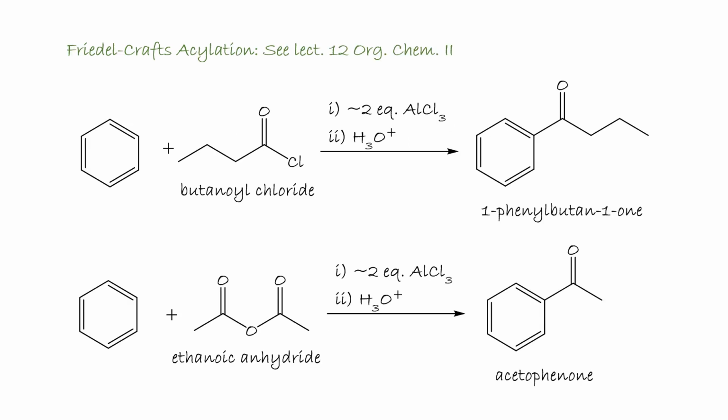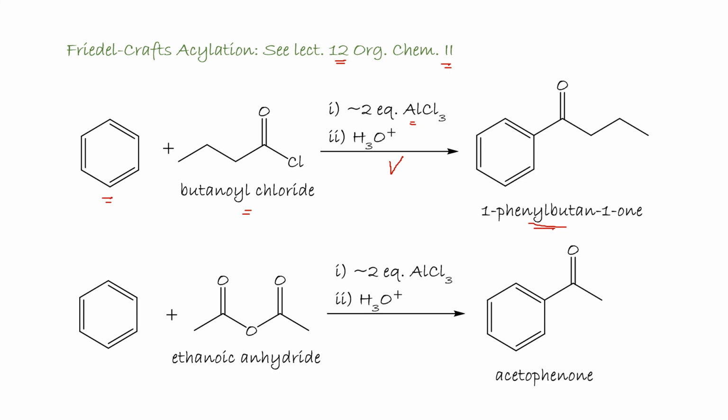Friedel-Crafts acylation reaction. For detail of this reaction, see Lecture 12, Organic Chemistry 2. So benzene with acyl chloride in the presence of two equivalents or more of aluminum chloride, then treat the reaction with acidified water, will lead to the acyl benzene.